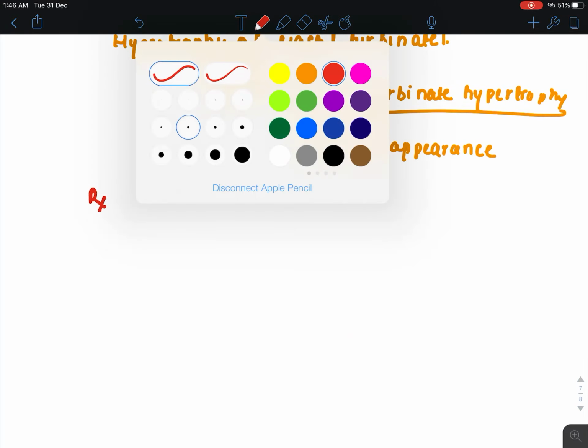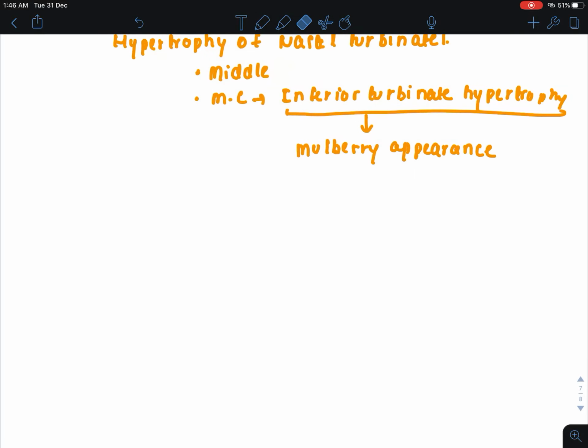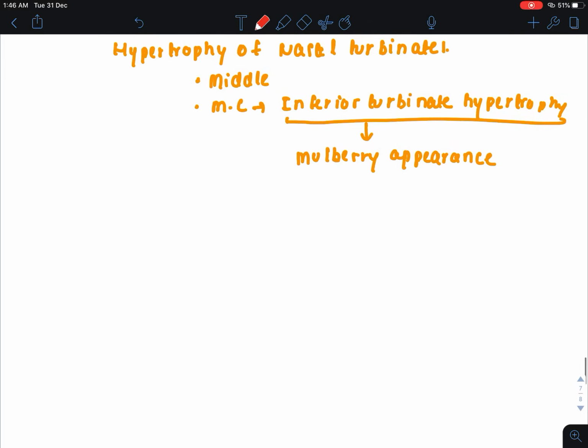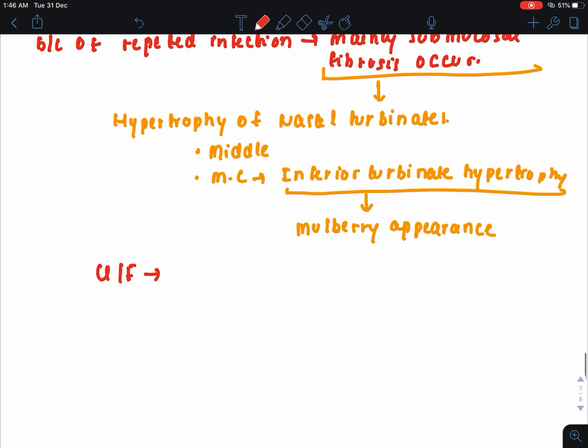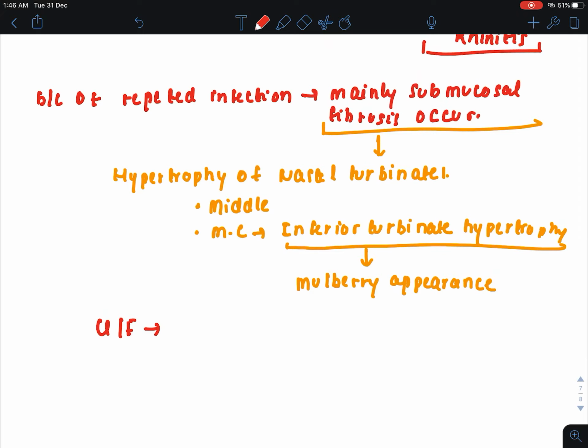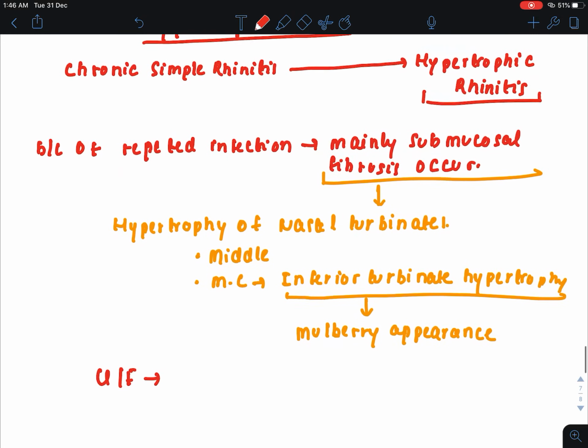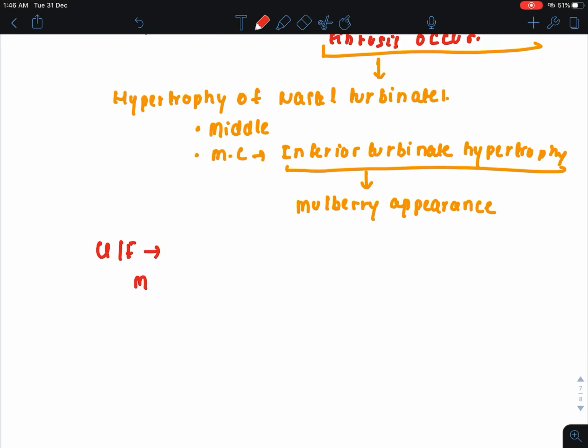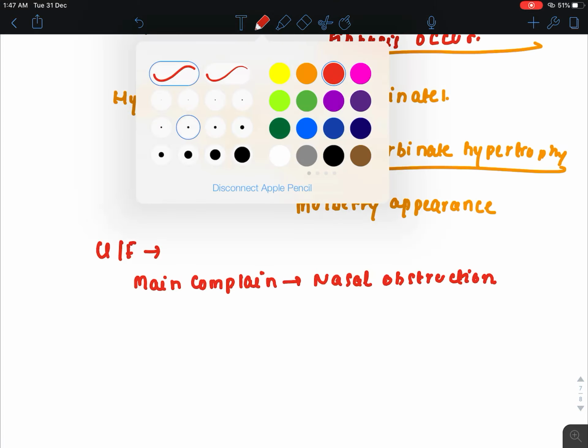Firstly, before the treatment, we will see the clinical features. Since hypertrophy of nasal turbinates has occurred, the main complaint of a patient having hypertrophic rhinitis is nasal obstruction. So now what will be the treatment?